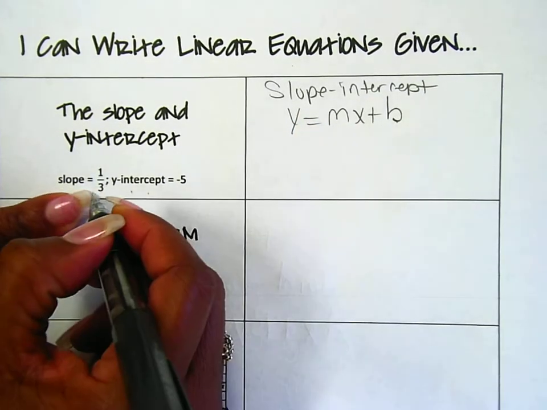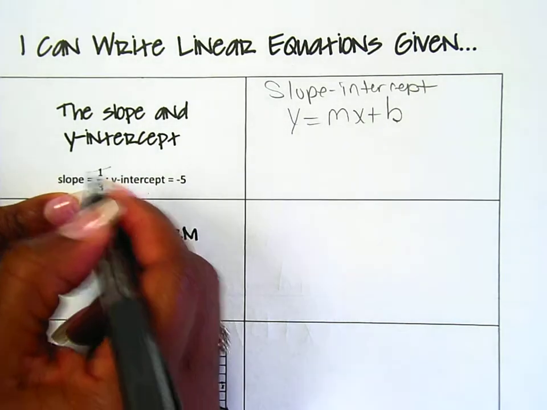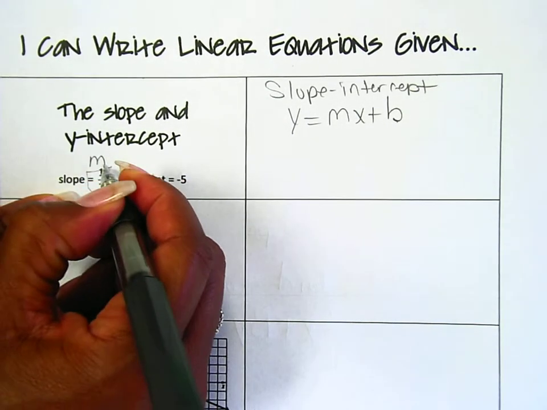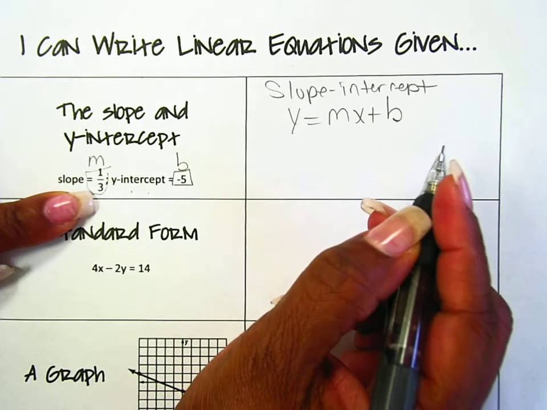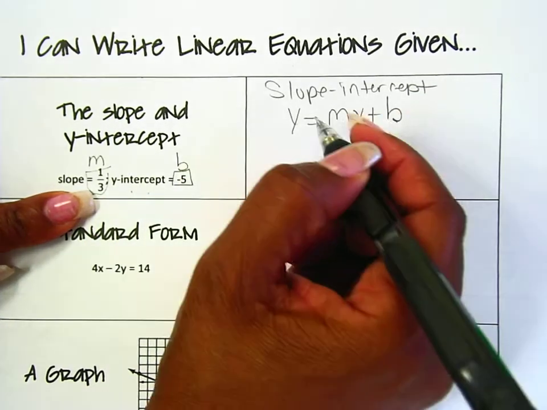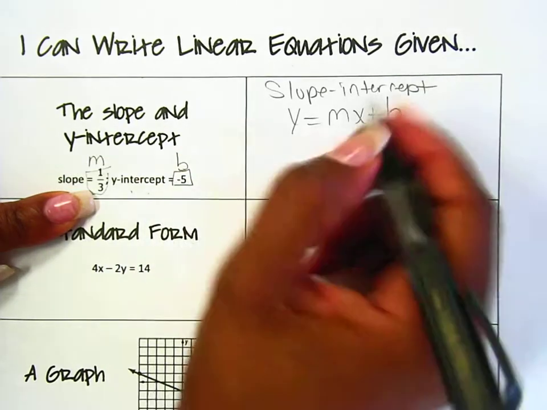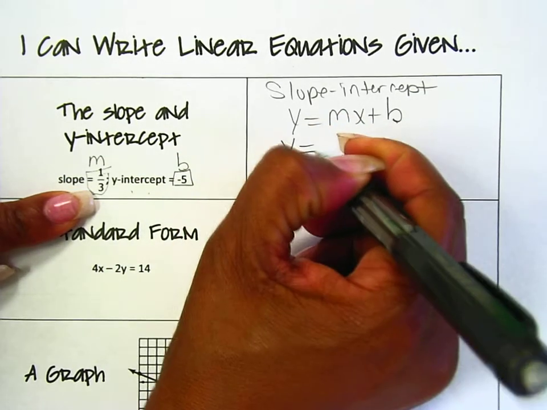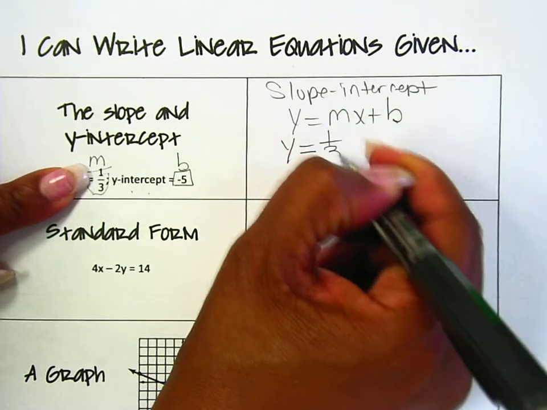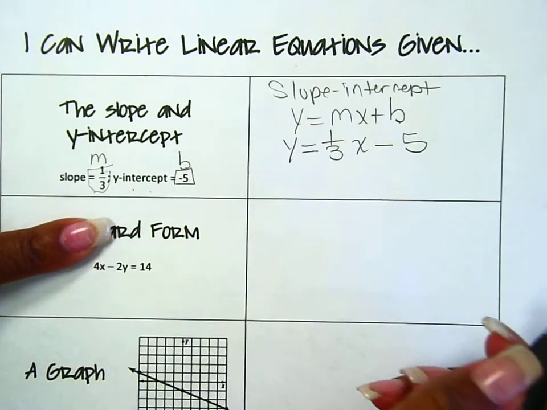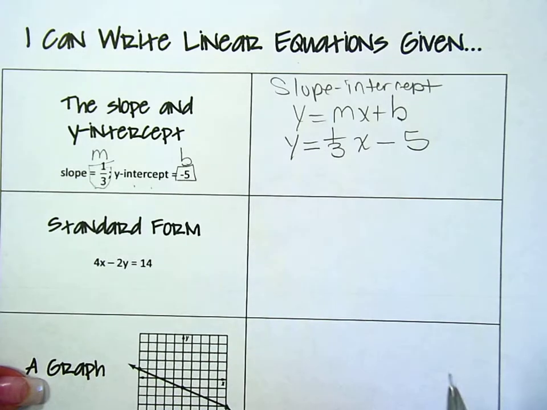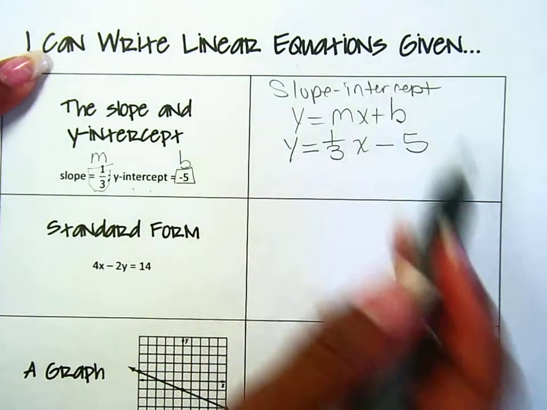Here they told me the slope was 1/3, which is my m, and this is -5, which is my b. All I have to do is substitute those values in for the corresponding variables. So I have y equals 1/3 x minus 5. Bam, I'm done. I have written this as a linear equation, okay?